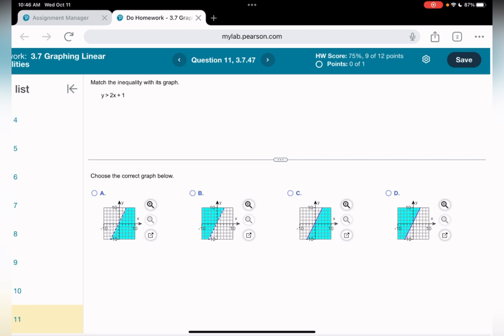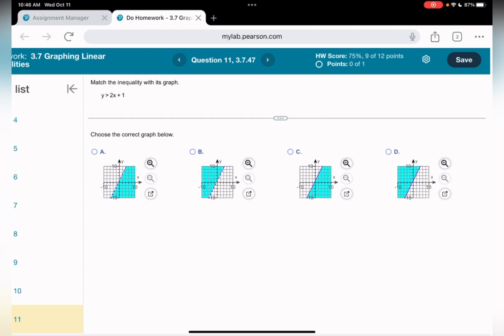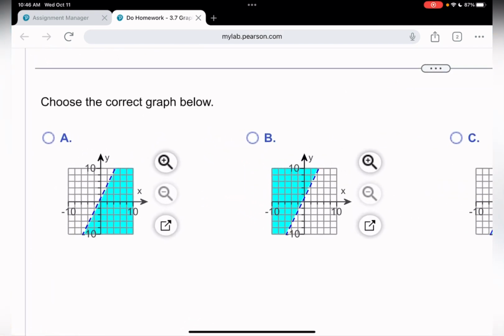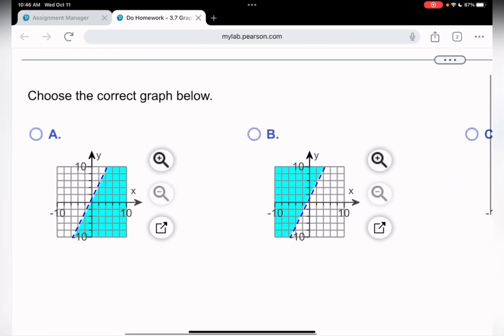First of all, we need to see which graph is starting with the intercept at 1. 0, 2, 4, 6, 8. So every cell goes by 2, because see, 5 cells on the top and it's 10.